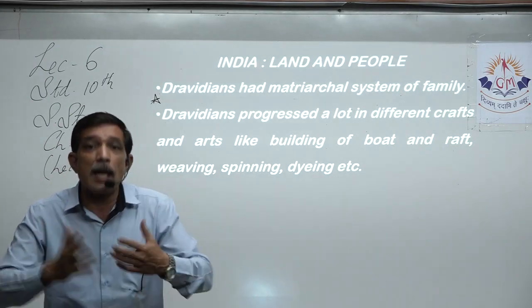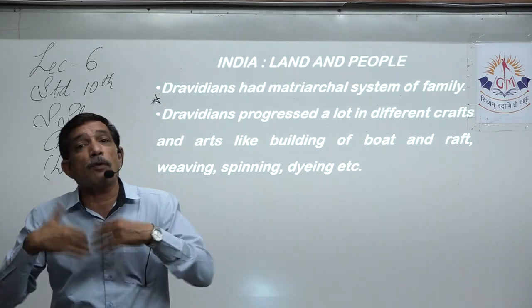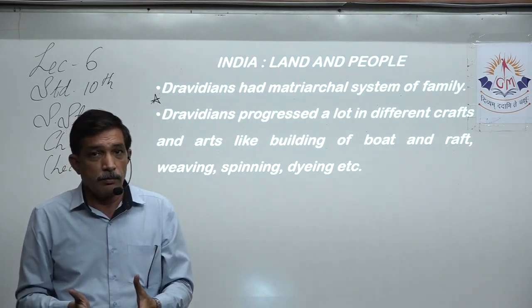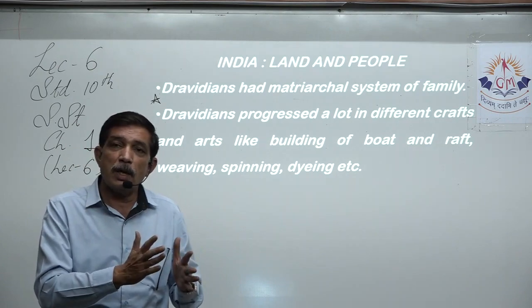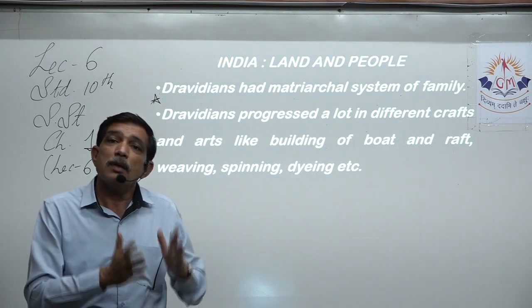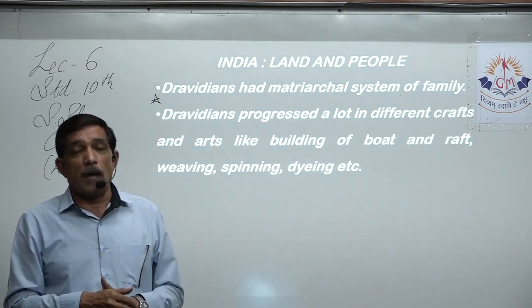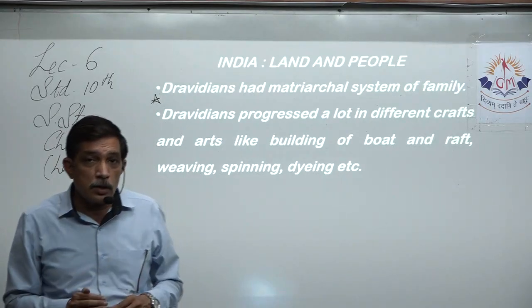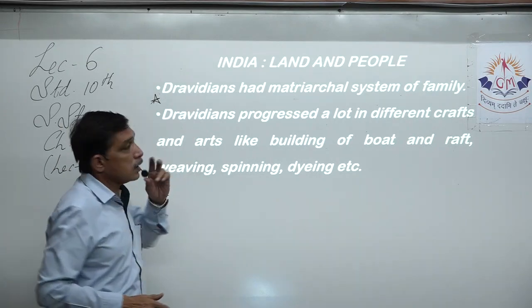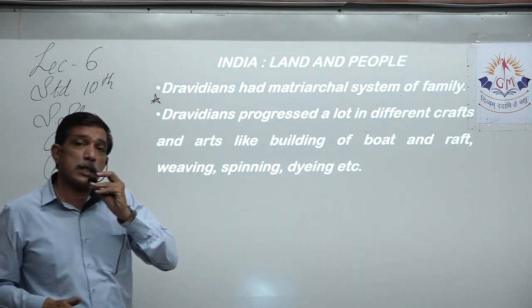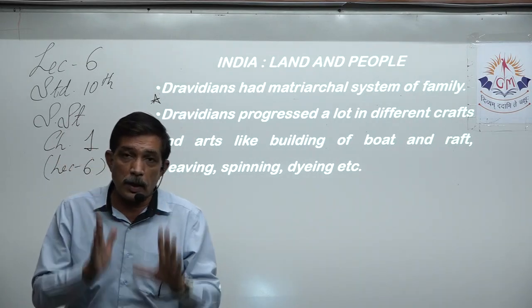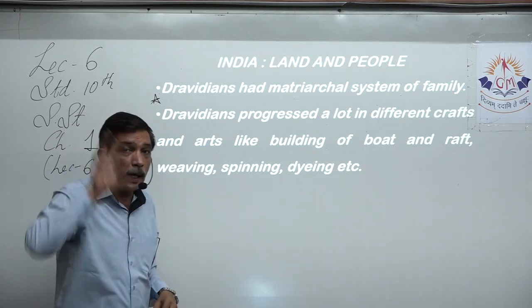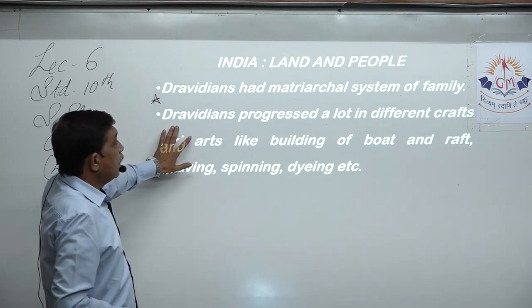Everybody does as she says, but that is out of respect. Who is the head of the family? Who runs the house? It is the father. So we follow the patriarchal system of family today, but in those days, Dravidians had matriarchal system of family. I hope this point is quite clear, where mother is the head of the family.